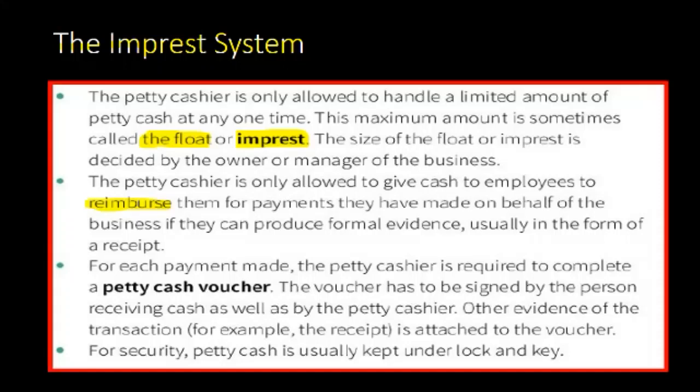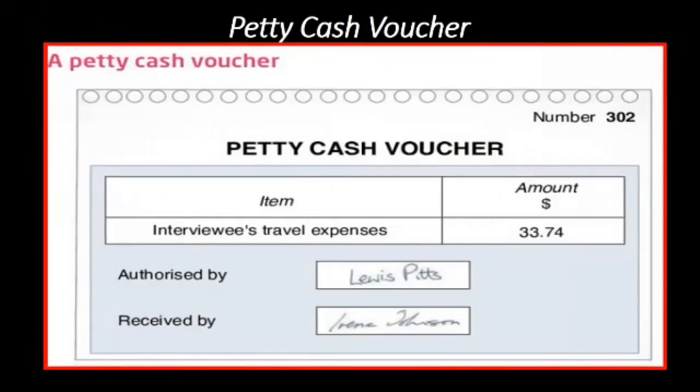The petty cashier makes out what is called a voucher for each payment, just in case you don't get a source document. And that is evidence that the transaction has taken place. A petty cash voucher looks something like this.